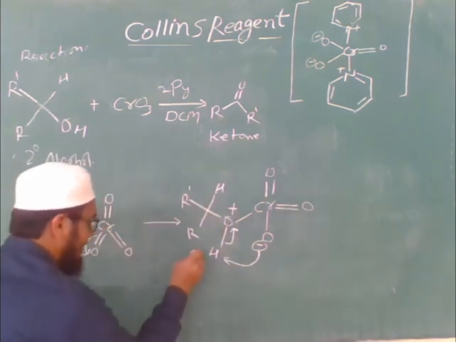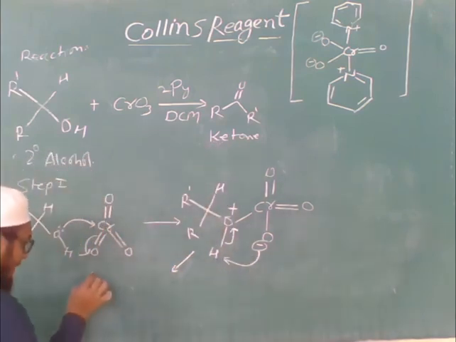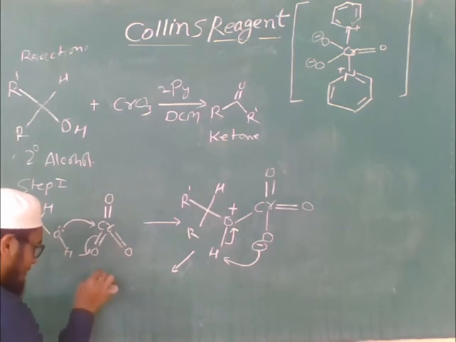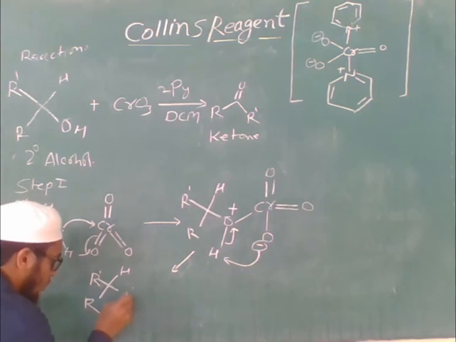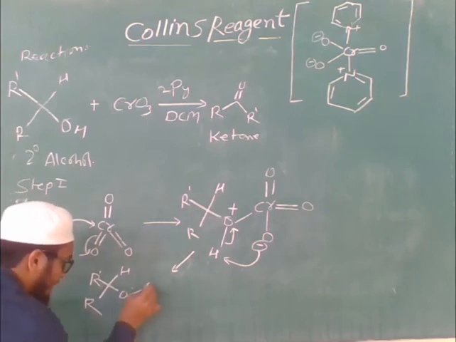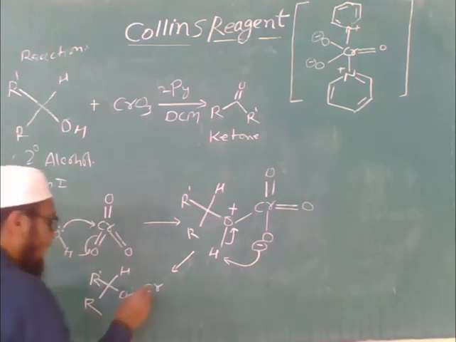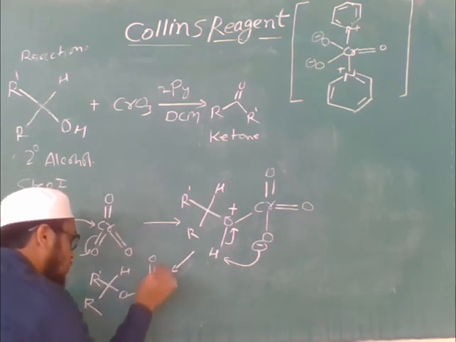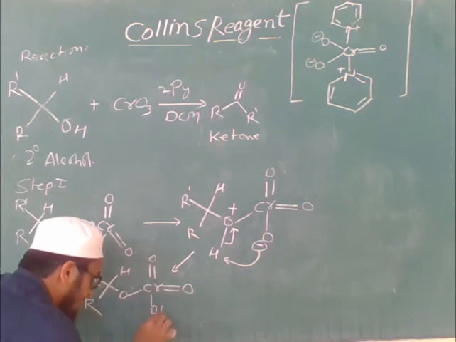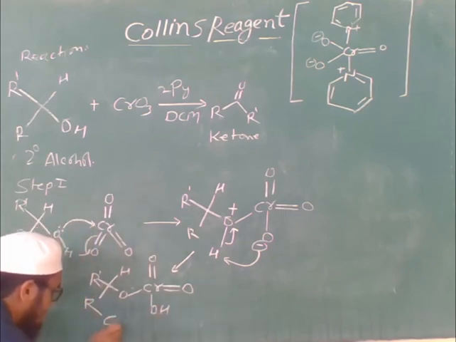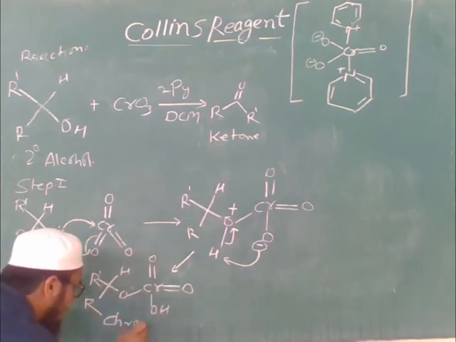I will write it here. We will get R dash, single bond H, single bond R, single bond O. This O is attached to chromium. Chromium has a double bond O two times. This one is OH. It is called chromic ester.